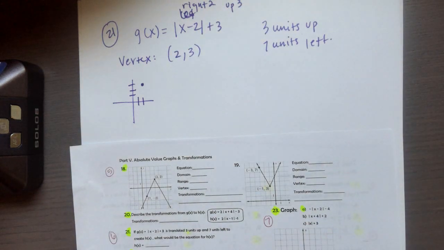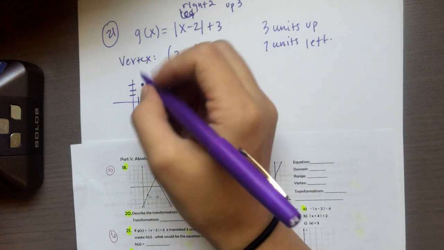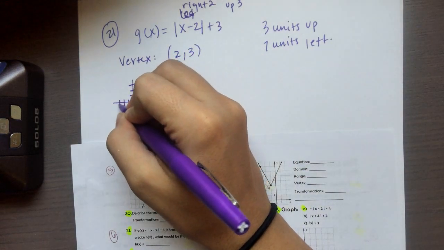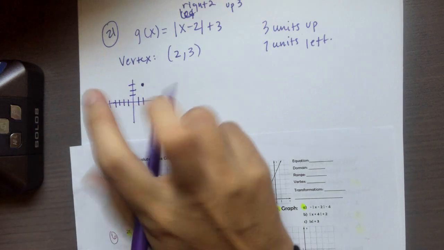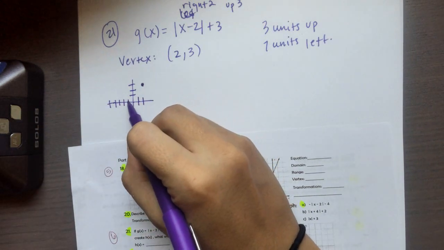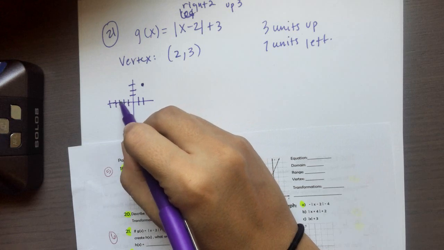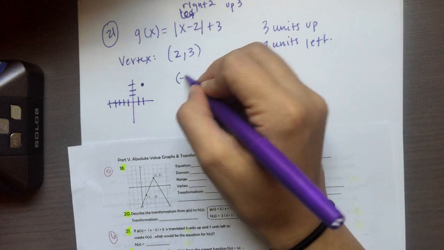Now they want this to be translated 3 units up and 7 units to the left. So if I move this point 7 units, 1, 2, 3, 4, 5, 6, 7, my new x coordinate is going to be negative 5.